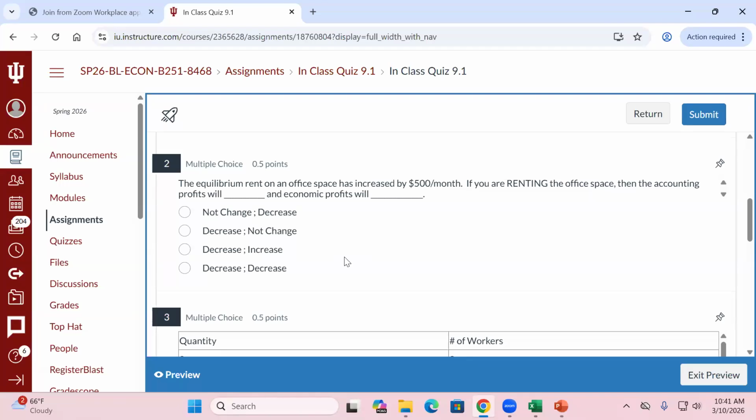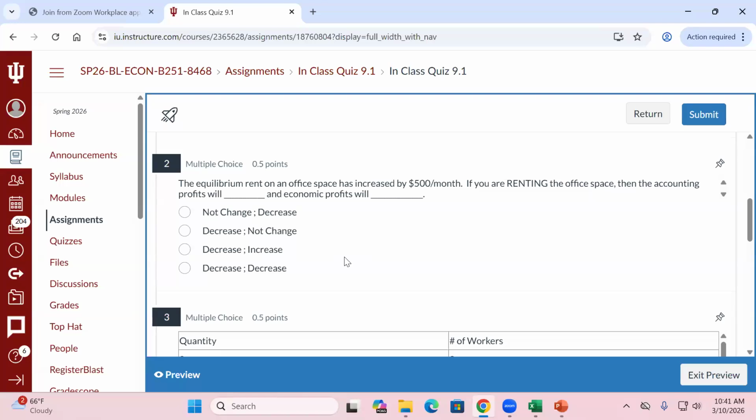Now, if I don't own the space, that change in rent of 500 is an explicit cost. Explicit cost is factored into both accounting and economic profits. So if my accounting profits change because the explicit cost changed, inherently my economic profits will as well. So changes in explicit costs would cause changes in both types of profits, right?